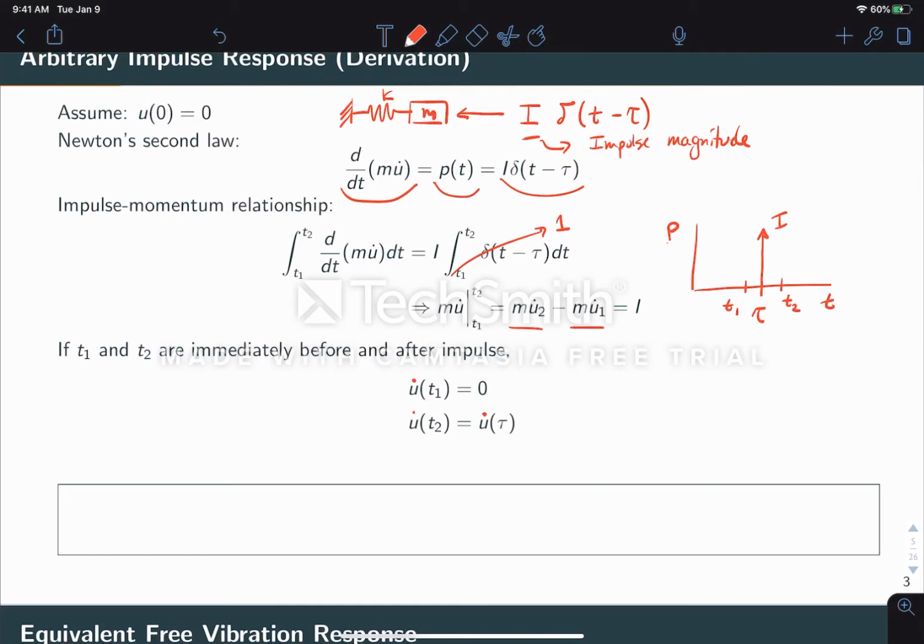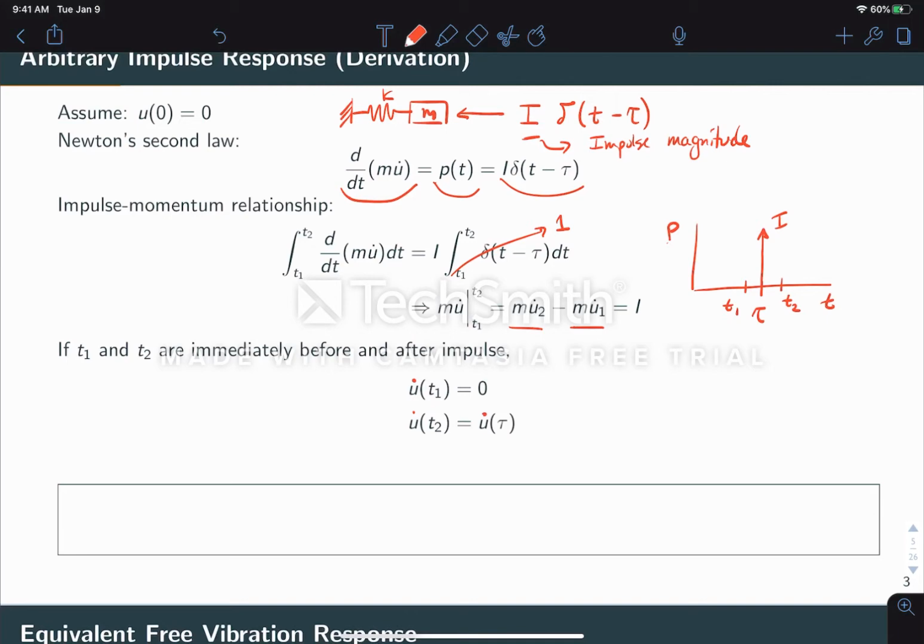So the velocity right before, at time t1, is equal to 0. The mass is not moving. And then we're just going to generalize the velocity at time t2 as simply the velocity at time tau. We want to see what the new velocity is right after the impulse has occurred.